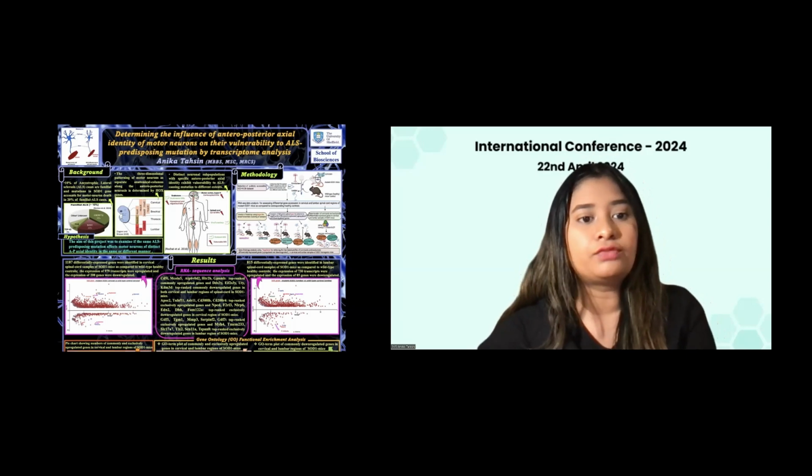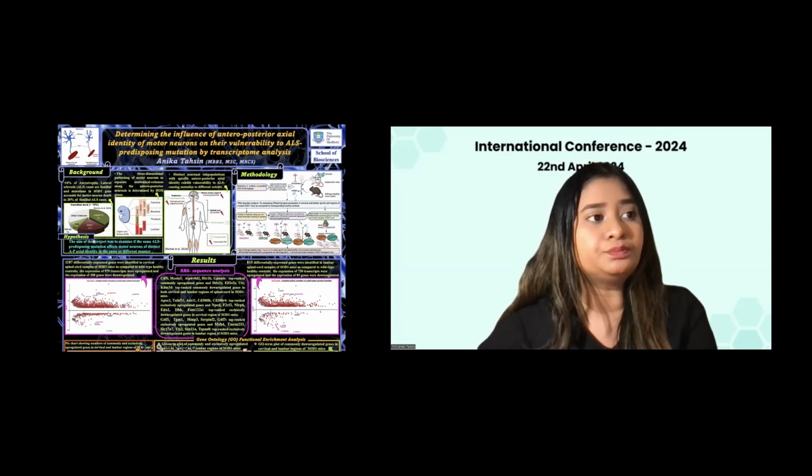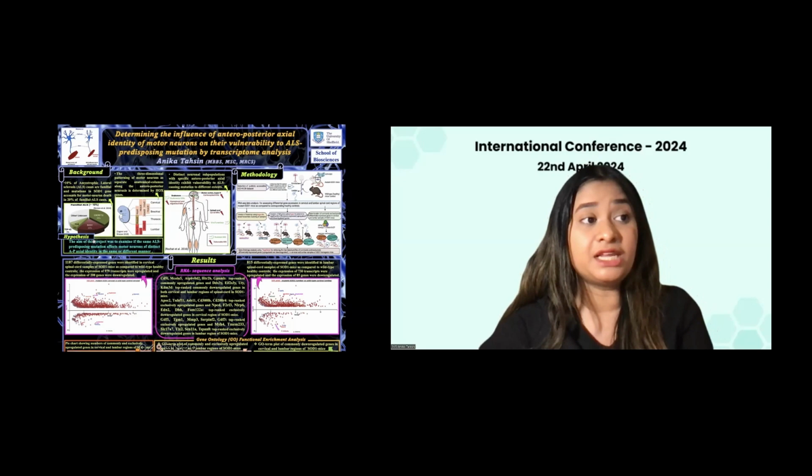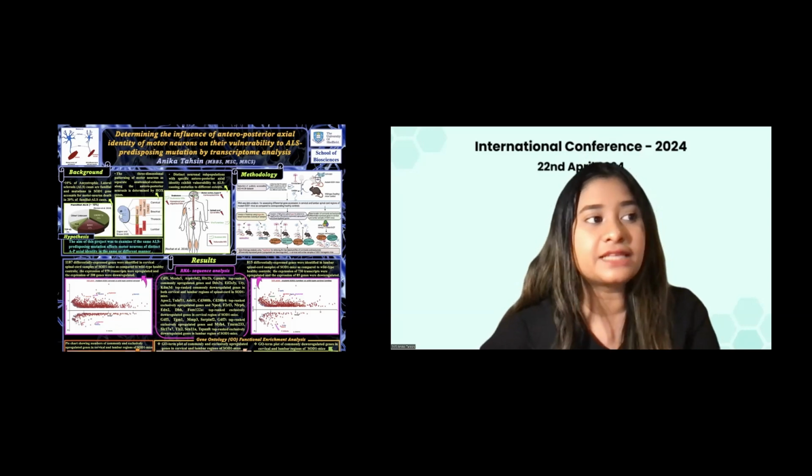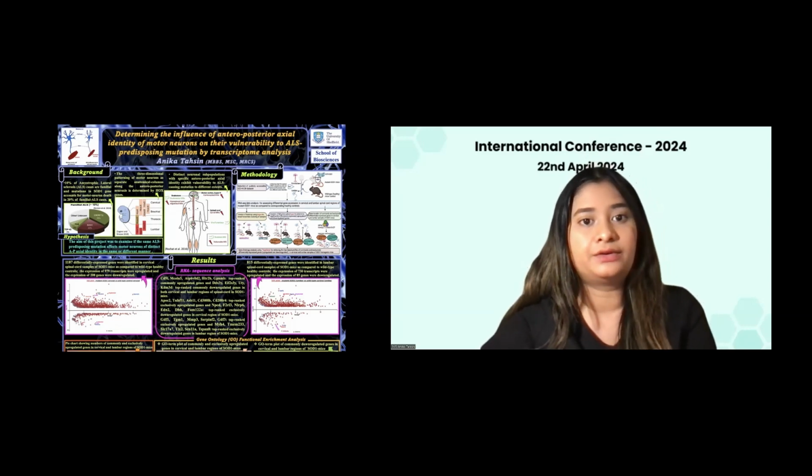Therefore, the aim of our study was to examine if the same ALS mutation affects motor neurons of distinct axial identity in the same or different manner.